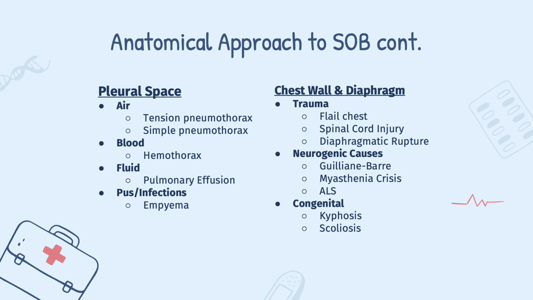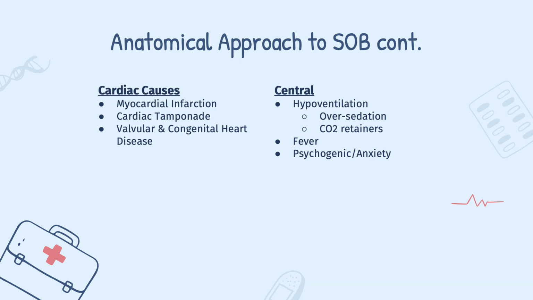and the diaphragm here. And then the last anatomical approach is really looking at cardiac issues as well as central issues. So many cardiac causes of shortness of breath cause pulmonary edema.